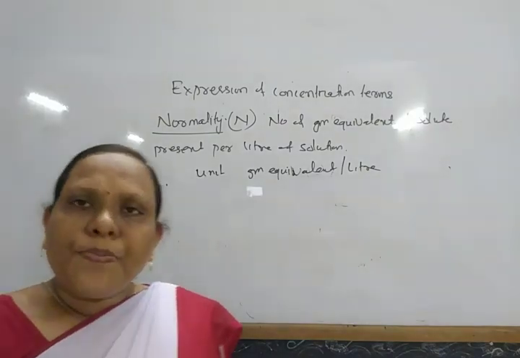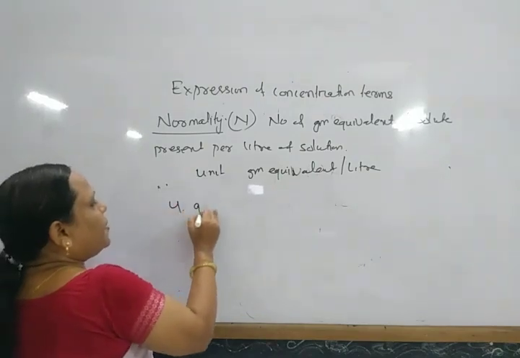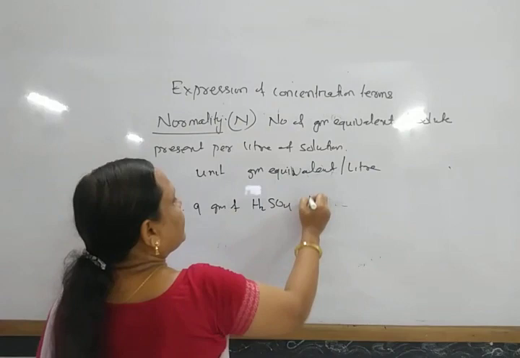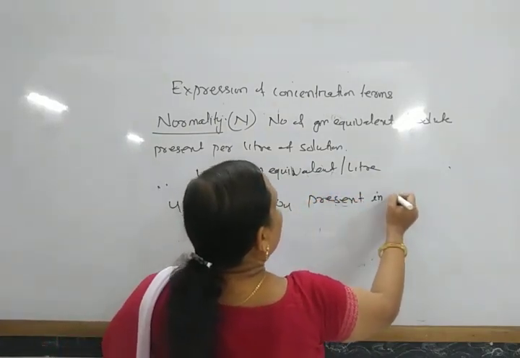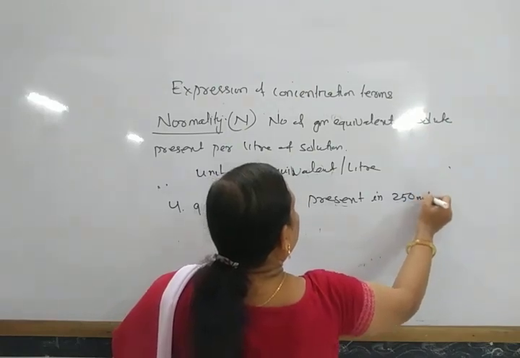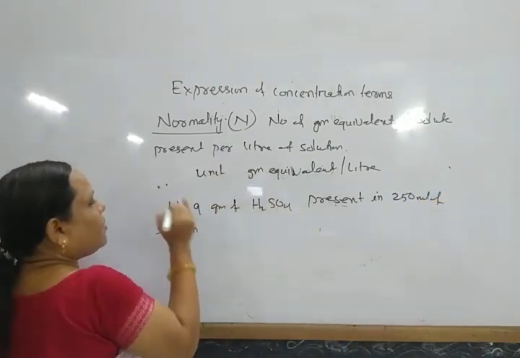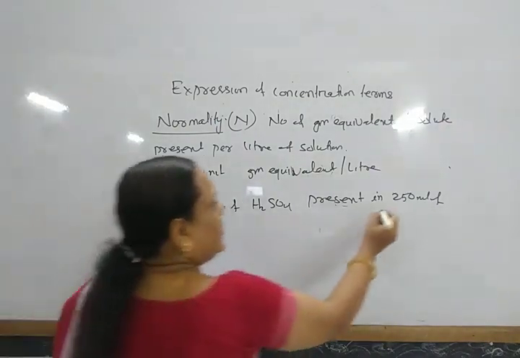Suppose 4.9 gram of sulfuric acid is present in 250 ml of solution. Then what is its normality? Given in ml.